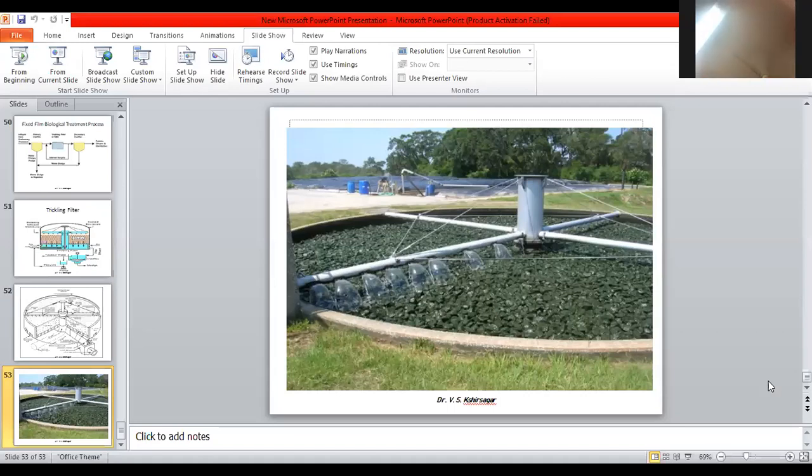Trickling filter is an attached growth process. First point, please note down: trickling filter is an attached growth process.